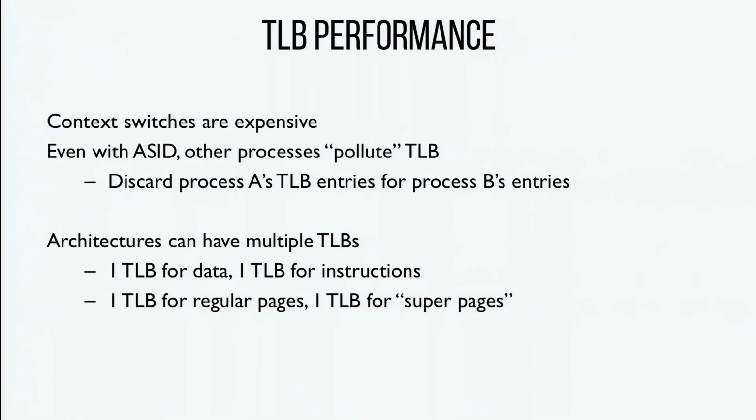So if you know that really all of that memory is being used, that you're not going to have a lot of internal fragmentation, it's very common to have a page translation that works for a whole 1 megabyte page so that you'll really improve that TLB hit rate. So that's the main point of having a super page. It would be to improve your TLB reach and your TLB hit rate.